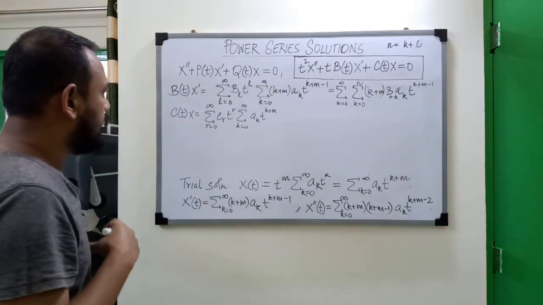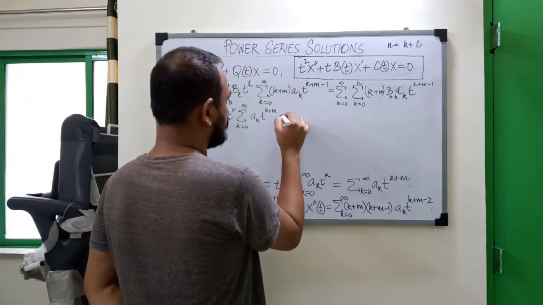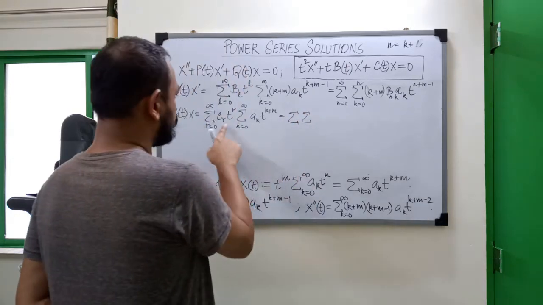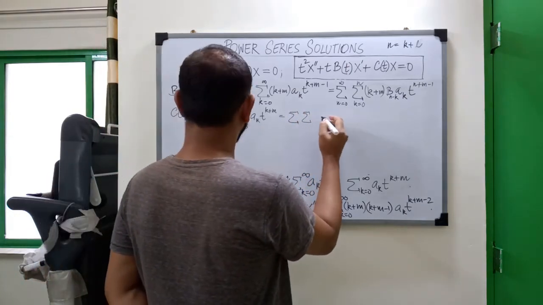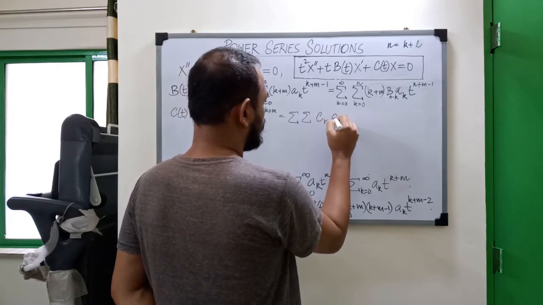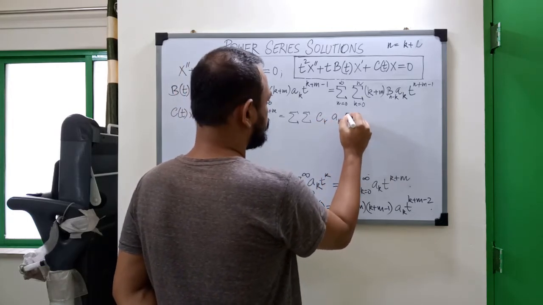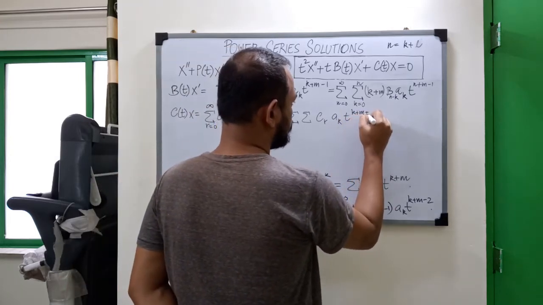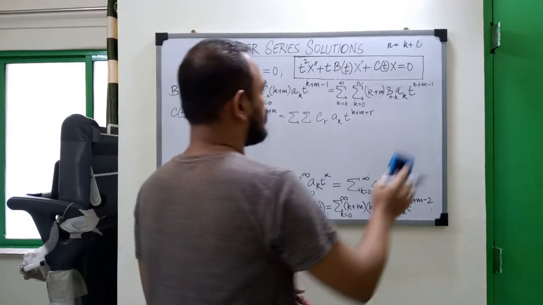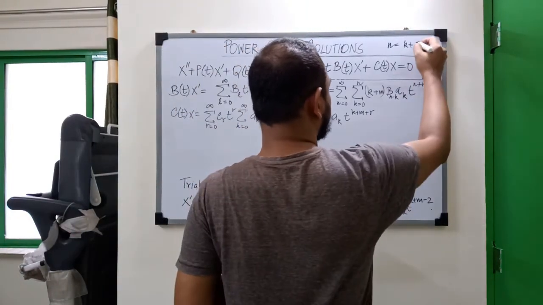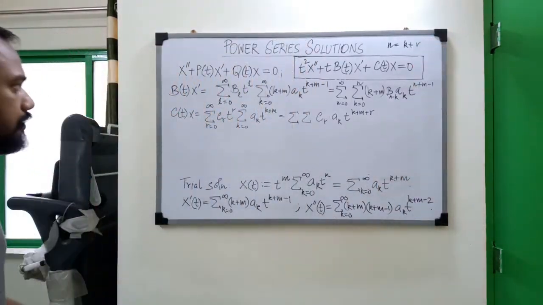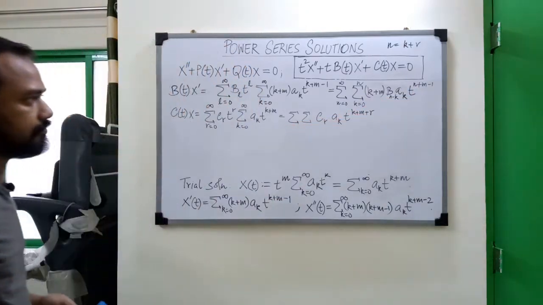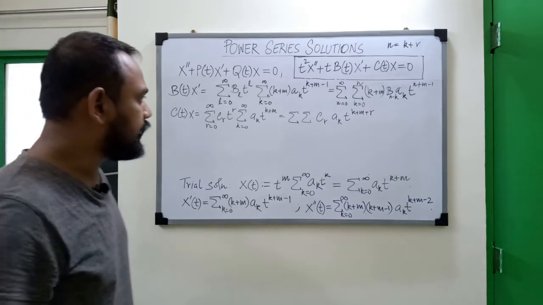If you again do the same trick, you will get a double sum. Let's just bring this in here. So you have this CR with AK, and then you have t to the k plus m plus r. Here I will take k plus r as n. Again, it's the same thing. I'm just writing everything in terms of the same variable as the index.